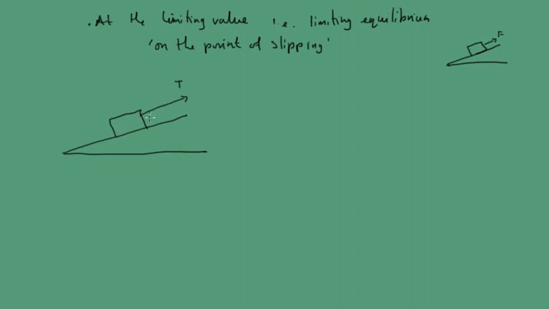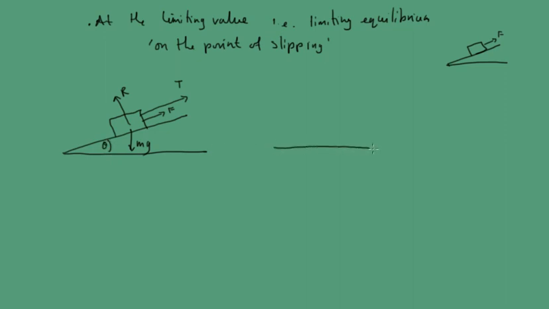In the first scenario, if this rope is applying enough tension just to stop our car rolling down, we will have friction also acting up the slope. And we have the weight of the car, we have our contact force, and we have theta.